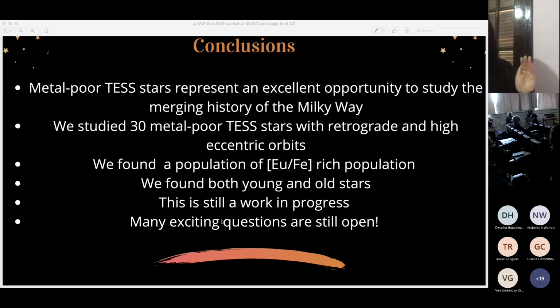We then double checked to see if they have other properties that would support the idea that they were accreted. Because these stars weren't present in spectroscopic surveys, we didn't have, for example, chemical abundances to refine our selection. So we just selected stars that have retrograde motions. And sorry, what was the second question?